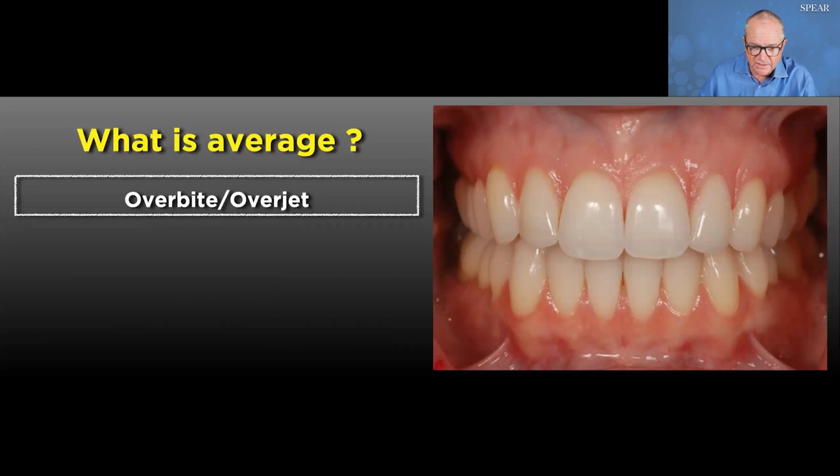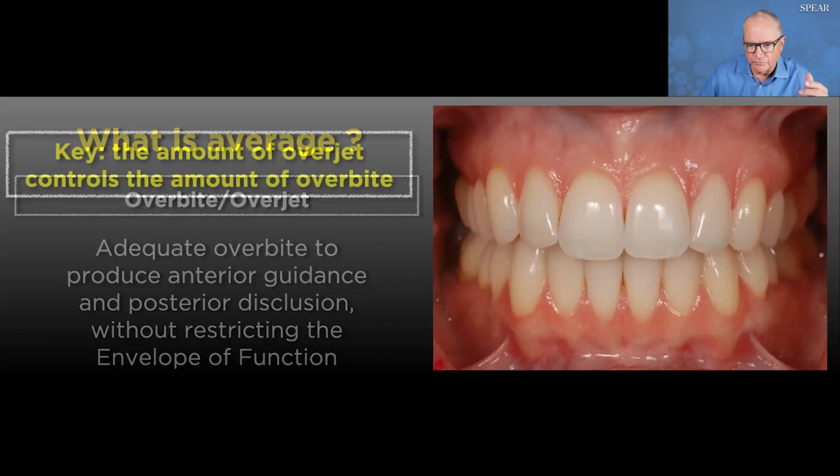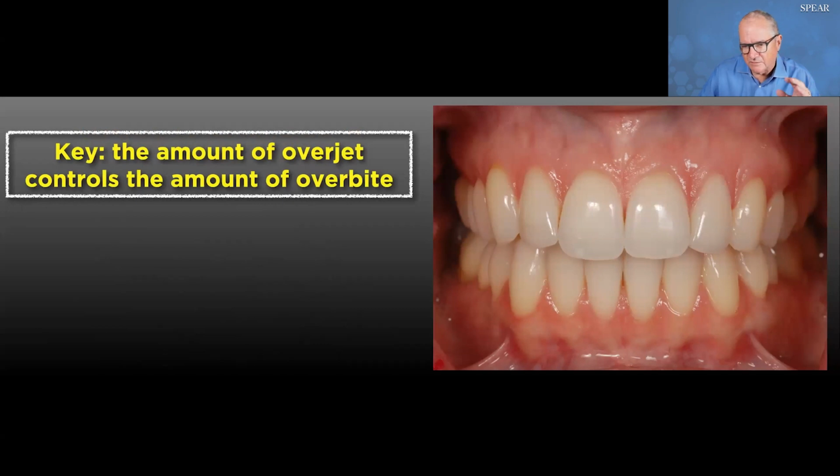And functionally, when the patient bites, we want simultaneous contact on all the teeth. And we want enough overbite that we get disclusion, separation of the posterior teeth when the patient moves. And what restorative dentists often don't realize is the amount of overbite is highly correlated to the amount of overjet.